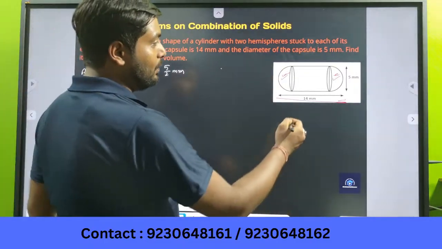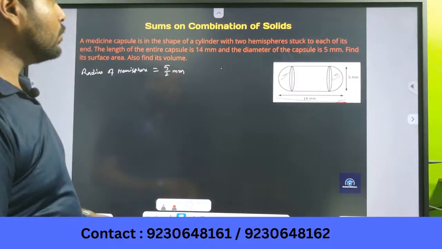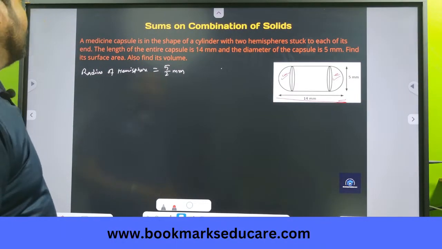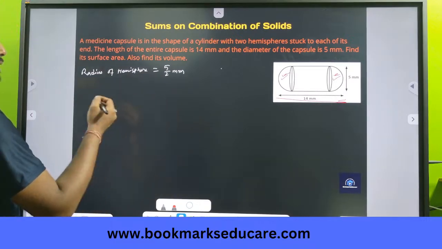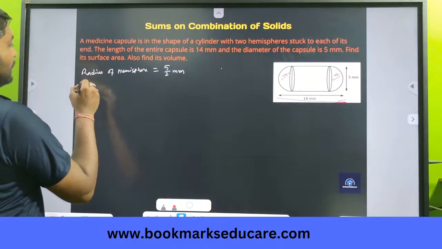The middle portion is in the form of a cylinder. So, if we want to find the total surface area, what will be the height of the cylinder?